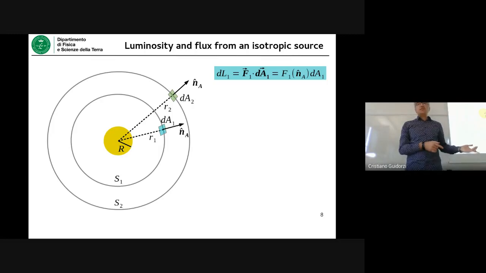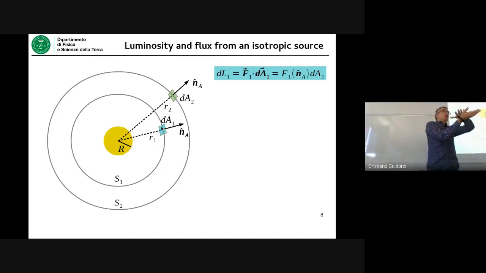So using the results we derived before, taking the surface element, as I told you, in such a way that it is a small tile of the spherical surface, its unit vector is parallel to the radial direction because of the properties of a spherical surface.